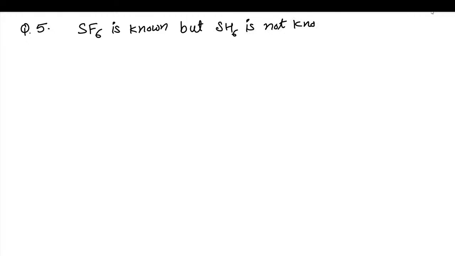Now explain. Yes, what is the reason? Now the reason is different. SF6, you know, is well known, but SH6 you never heard of, because it does not exist. So why?